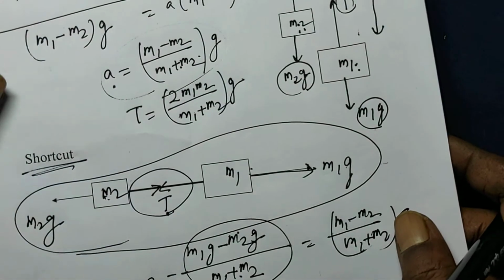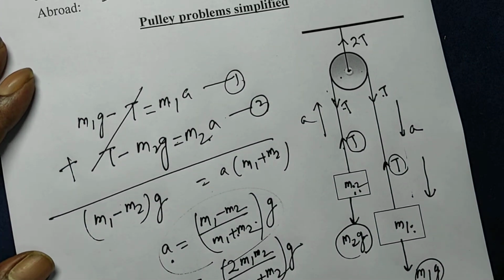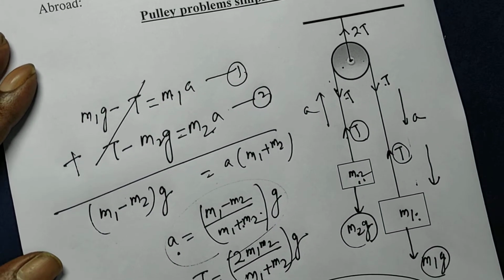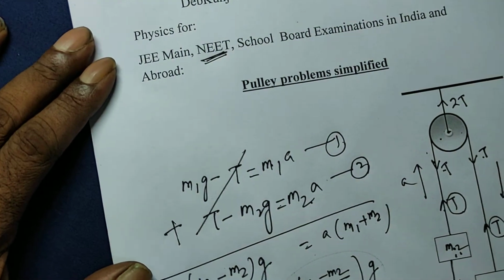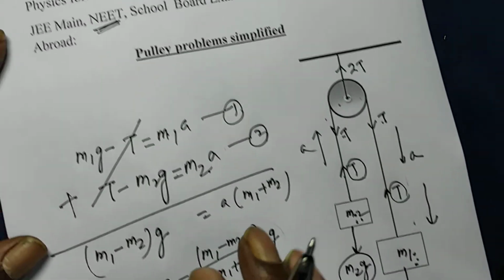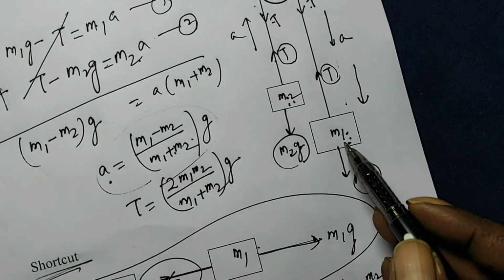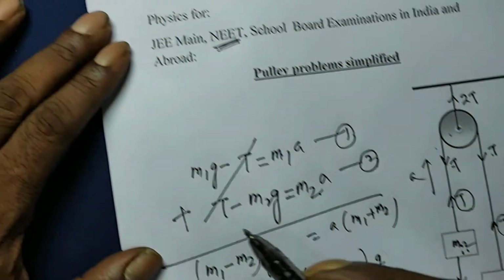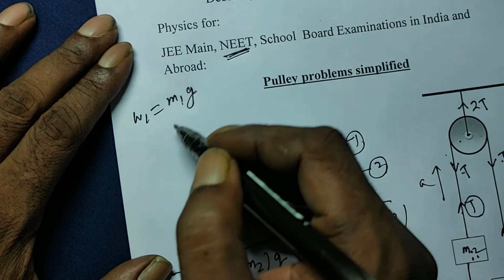Similarly, let me show you the previous video. Here the examiner might also play a trick. This is the first video, which I had explained in my video lecture 1. He might say the weight of m1 is w1, meaning w1 is equal to m1 times g.